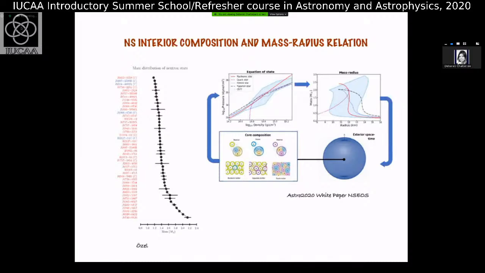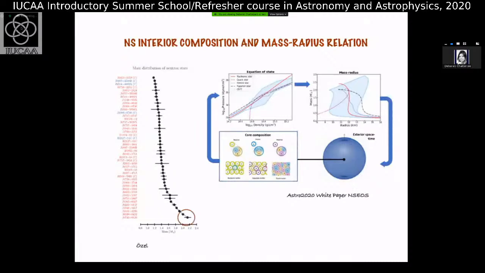From the mass distribution of neutron stars, you can see that most of the masses are concentrated around a canonical value of about 1.4, whereas in the upper tail, you can see that there are several high mass neutron stars which have been observed recently.